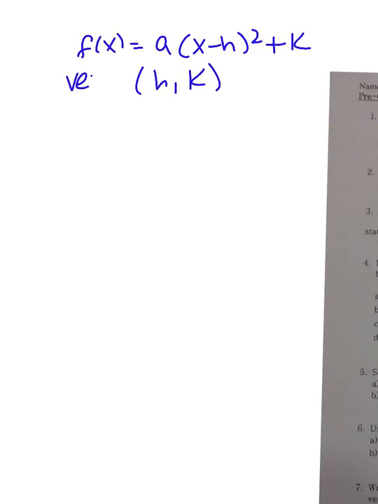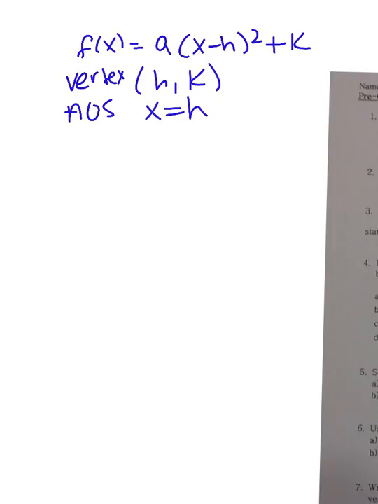So vertex form is f of x equal to a times x minus h squared plus k. And remember, (h, k) is the vertex, and the axis of symmetry is x equals h.